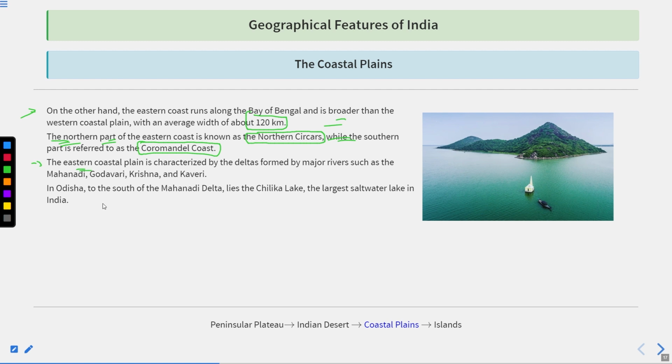The eastern coastal plain is generally characterized by the deltas formed by the major rivers. These rivers are Mahanadi, Godavari, Krishna and Kaveri. In Odisha, to the south of Mahanadi Delta lies the Chilika Lake. Chilika Lake is the largest saltwater lake in India.